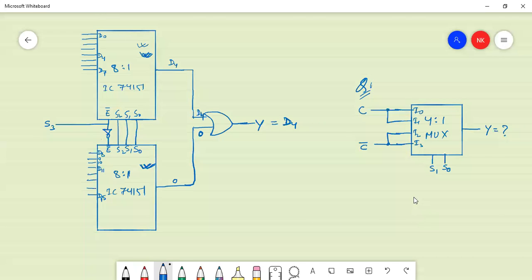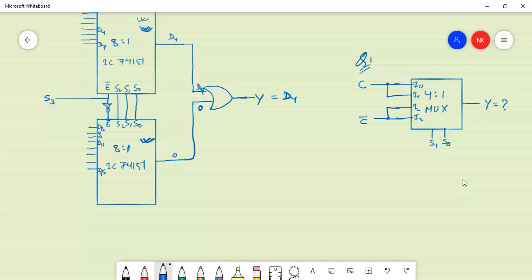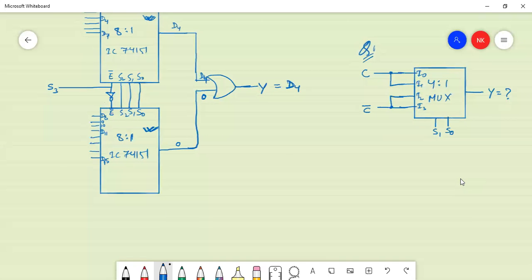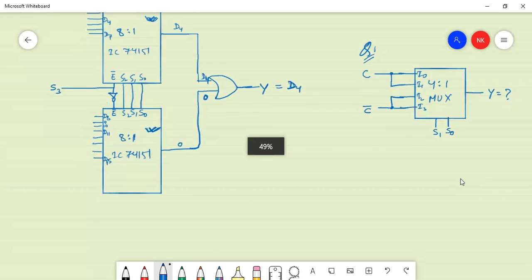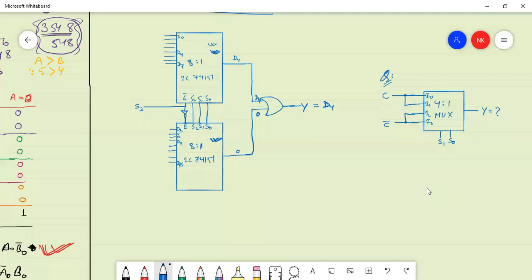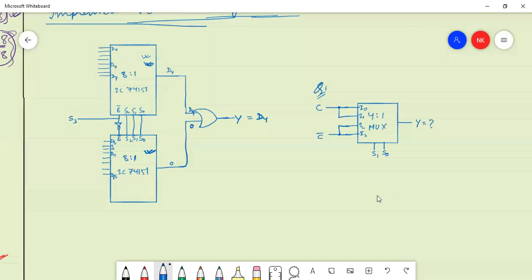How can you write the expression? As we have already seen for 2:1 mux, 4:1 mux, 8:1 mux, 16:1 mux, you have to write down the expression. Or you can also draw the truth table. Based upon the values of S0 and S1, what is the output?